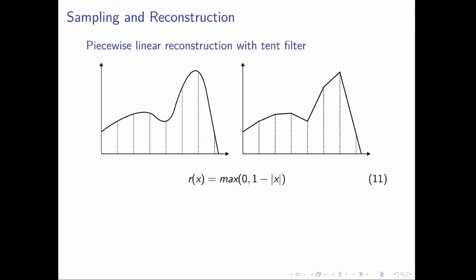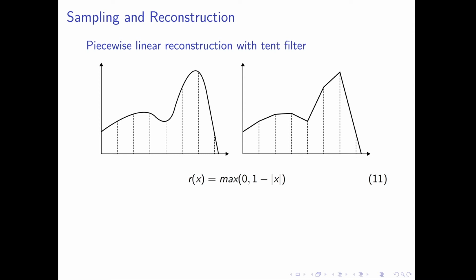The same holds true for the tent filter. The tent filter is also only defined on the interval from -1 to 1, right? The support of this filter is actually wider. The box filter is a 0th order filter. The tent filter is actually a 1st order filter, which makes sense, as by using linear interpolation here, we're using slopes, and in order to obtain slopes, we have to take 1st order derivatives into account.